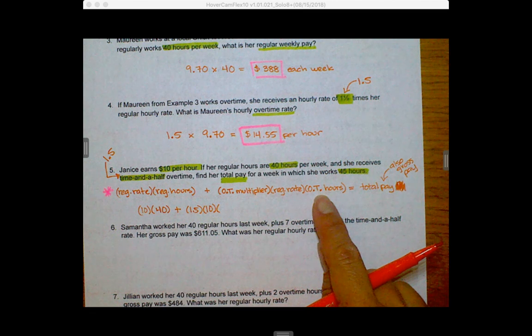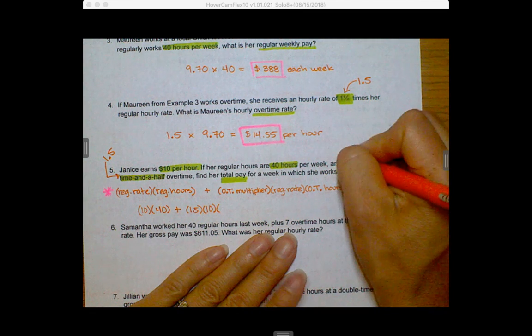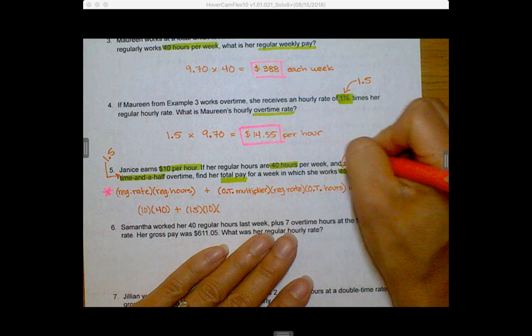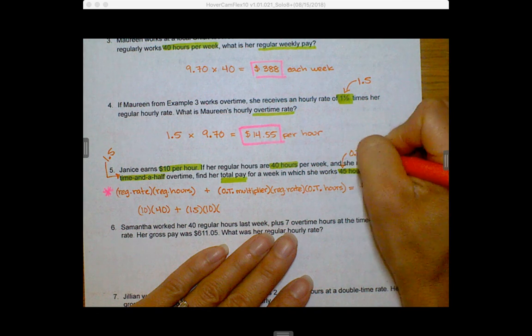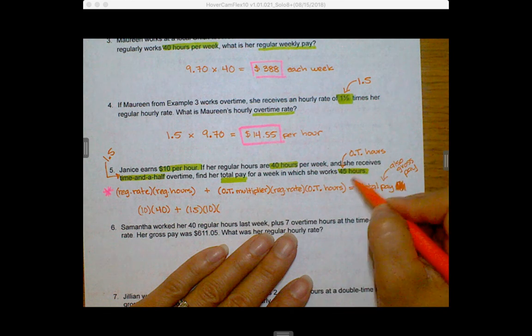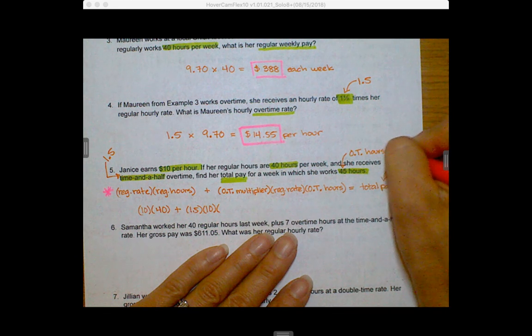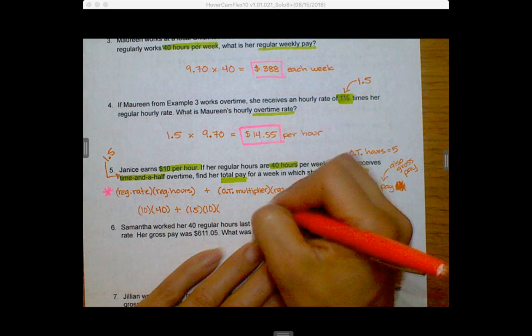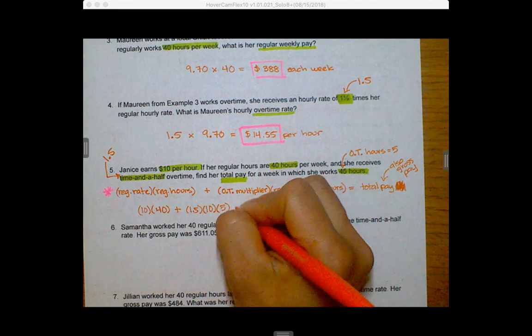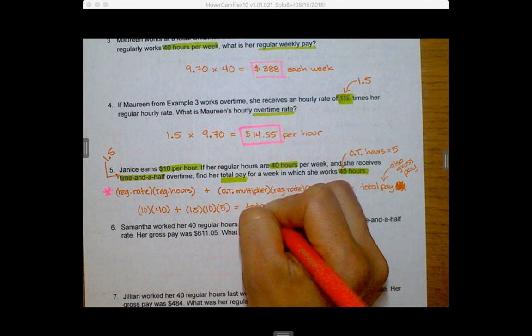Now you have to be careful here. It told us she worked 45 hours. Are all of these her overtime hours? Not all 45 of them, because 40 of them were regular. So the leftover is 5, so times 5.